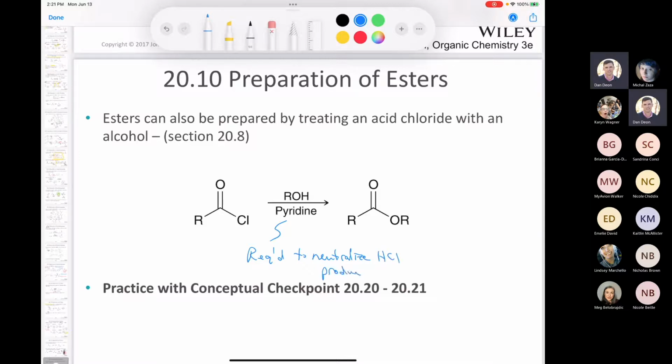So besides the ester, you also end up with pyridinium chloride. So let's write up the structure of pyridinium chloride, which is the conjugate acid of pyridine, and the chloride. This is something that we covered already back in section 20.8, so we won't spend too much time on the same thing twice in a day.